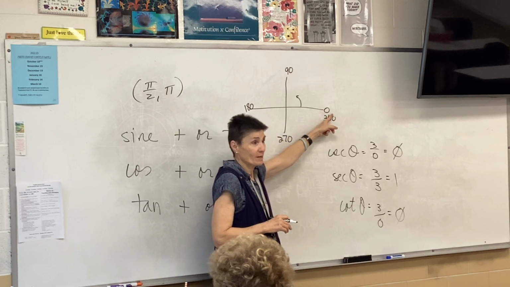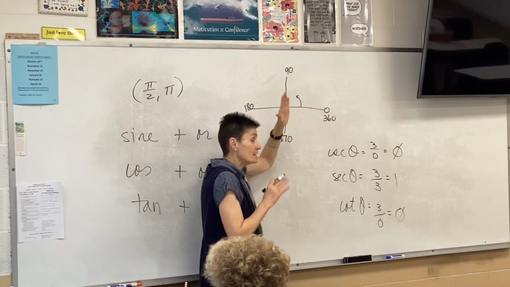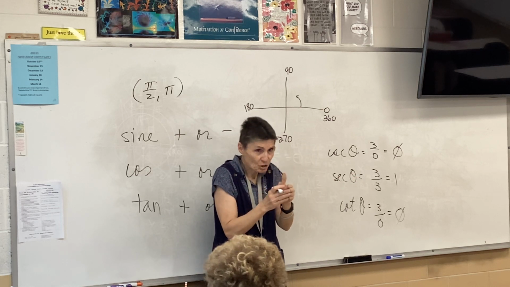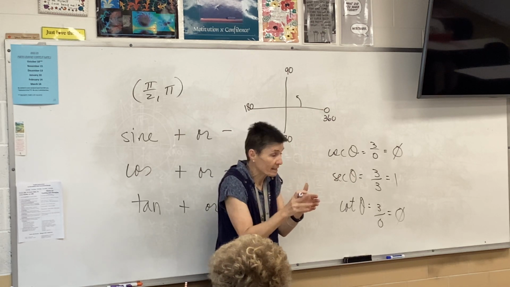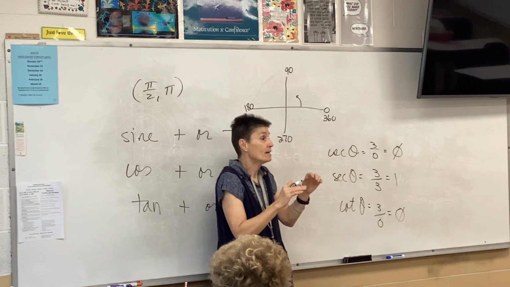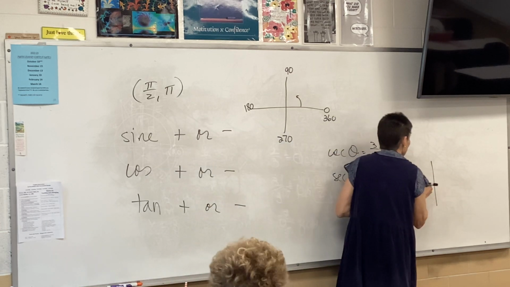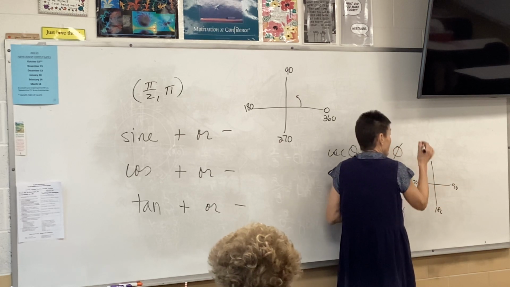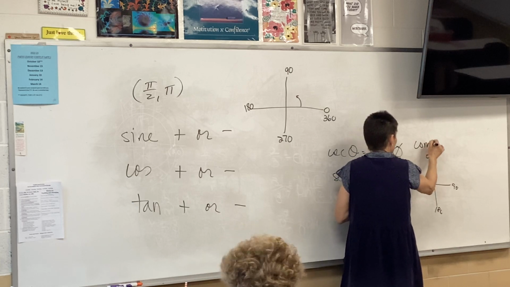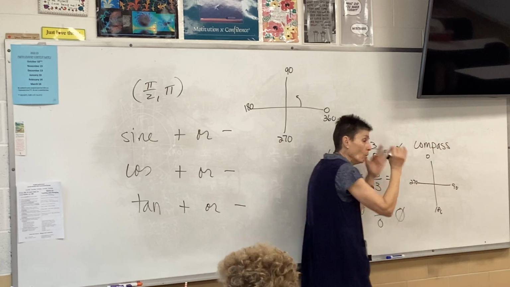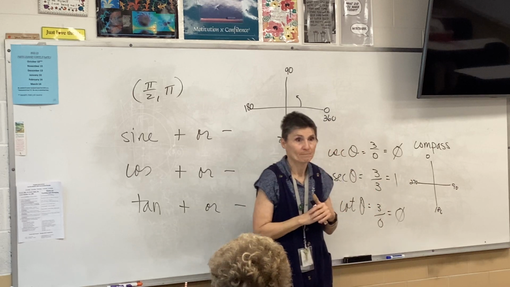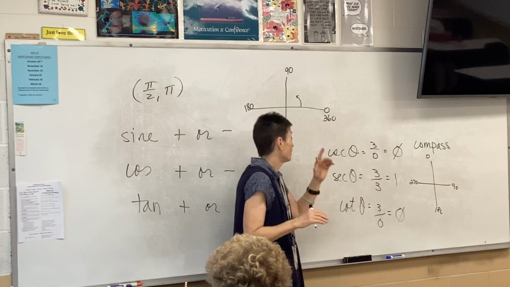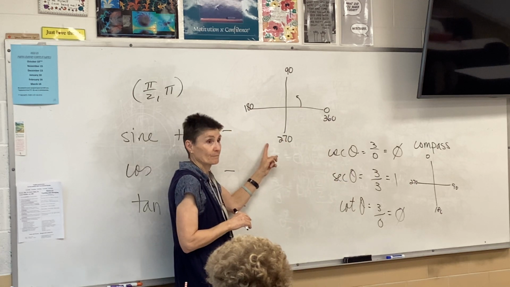Where did you start yesterday? Up here. Don't get mad, I didn't write the rules. If it's navigation, if we're doing a course, a heading, a ship sailing, an airplane flying, then we use the compass. And the compass looks like this. But the only time we use the compass is in a navigation problem. If it's a straight math problem, then this is the setup you use. This is important.